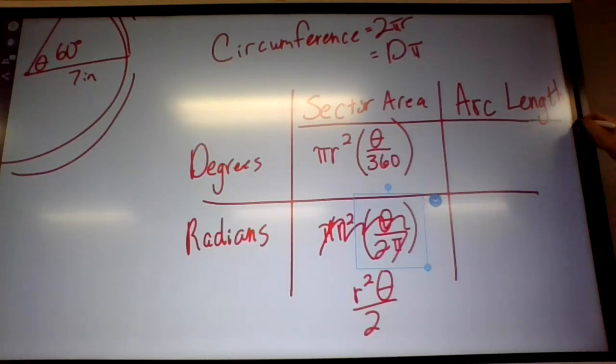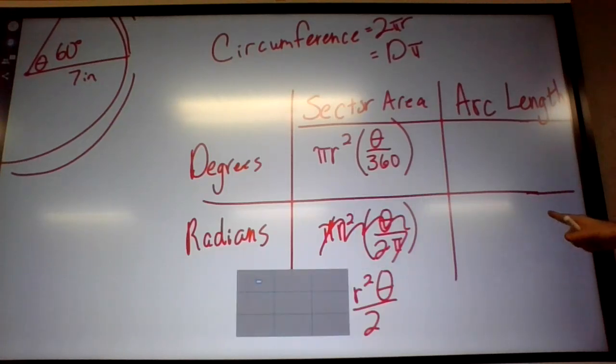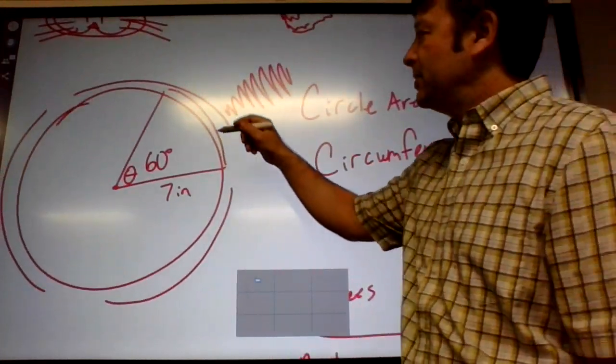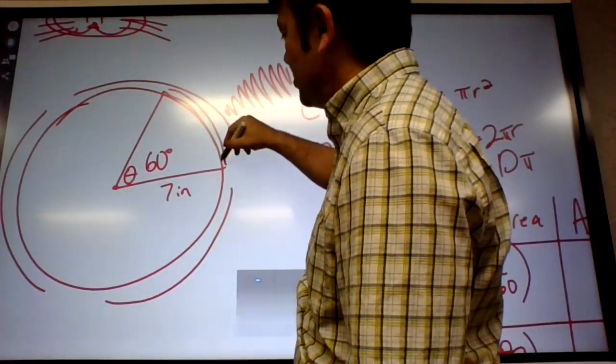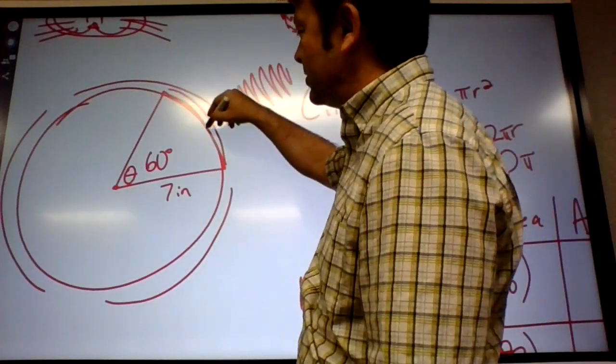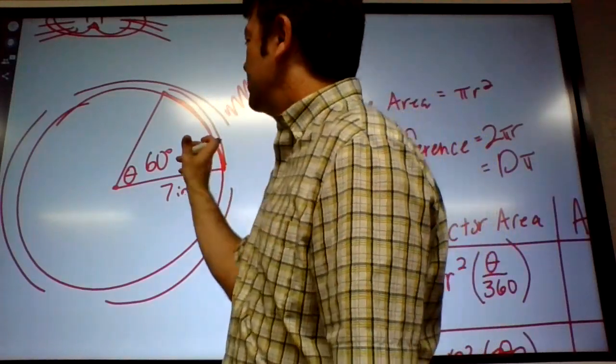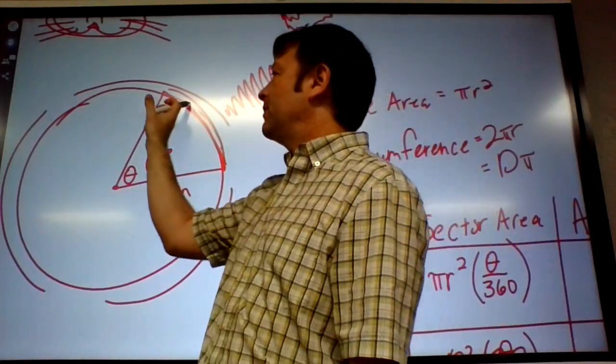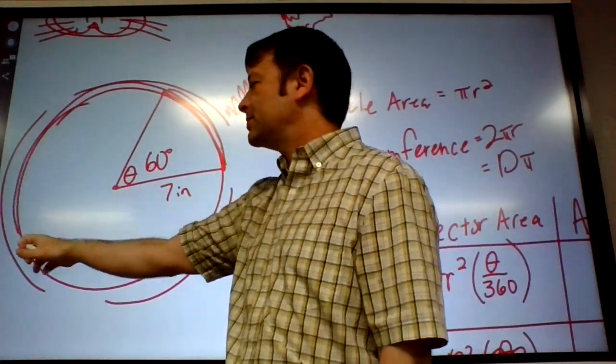Okay, arc length. I was wrong. We did arc length with radians yesterday, so we talked about this one. It simplifies quite a bit. But arc length is from here to here. So arc length is a fraction of what? Arc length is a fraction of the circumference.